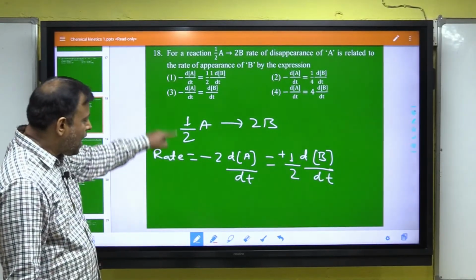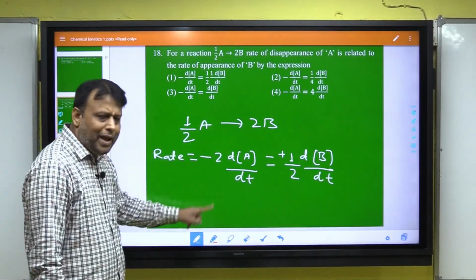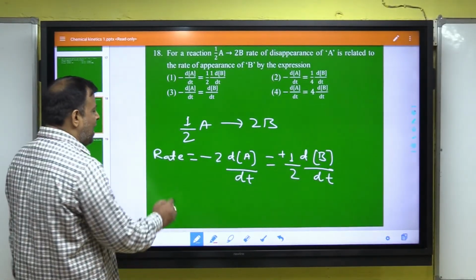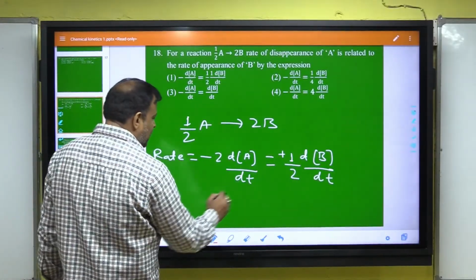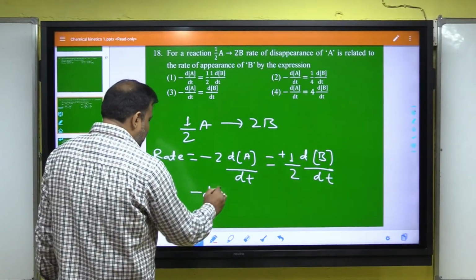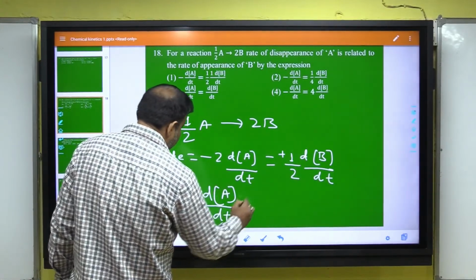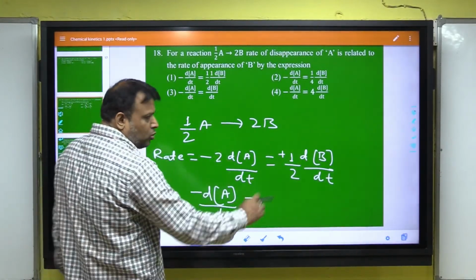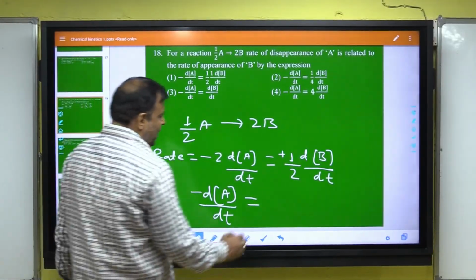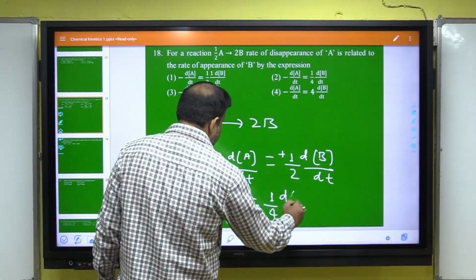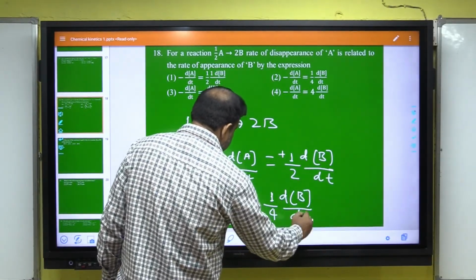Because coefficient half, 1 by half, it is 2 dA by dt. But question is rate of disappearance, and hence both are equal, and not dA by dt is equal to, ये दो को आप इक्वल के अपोजिट साइड ले जाएंगे, नीचे आएगा, it is 1 by 4 and d conc B by dt.